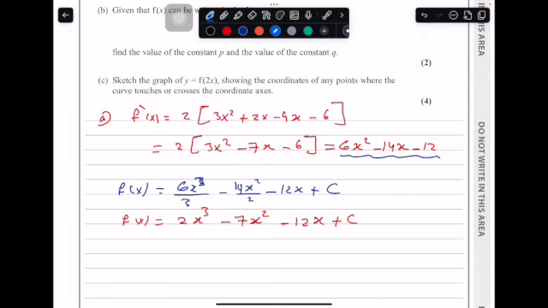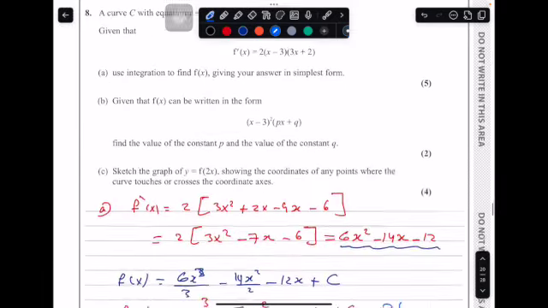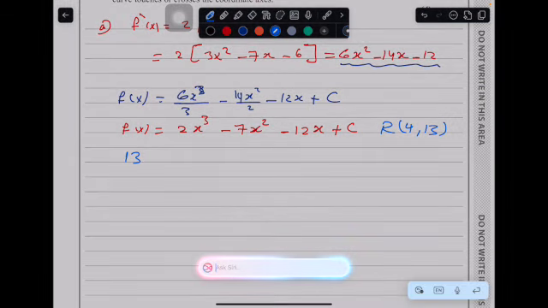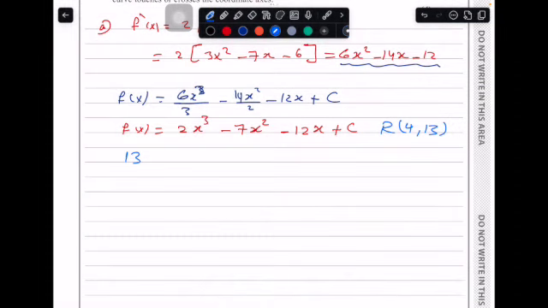Use the point R, which is 4 and 13, to find the value of c. So we have y is 13, equals 2 times 4 to the power of 3 minus 7 times 4 to the power of 2 minus 12 times 4 plus c.